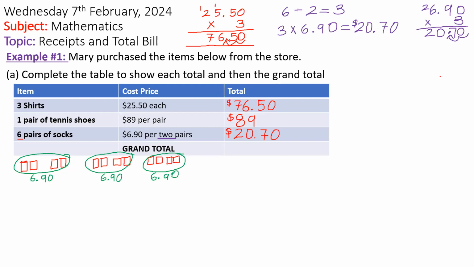We got $20.70 because he buys 6 pairs of socks, and 2 pairs of socks are all for $6.90. So we have to divide 6 by 2, which equals 3, and then multiply $6.90 by 3, and that equals $20.70.